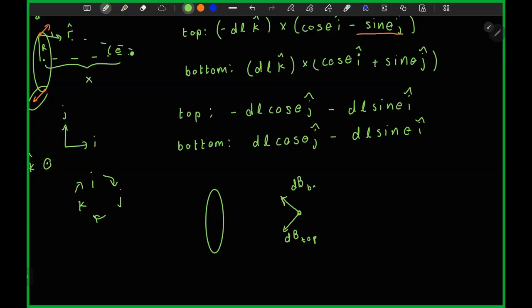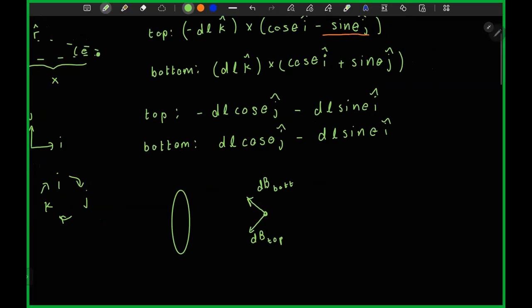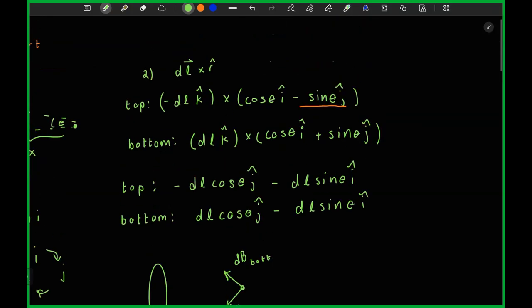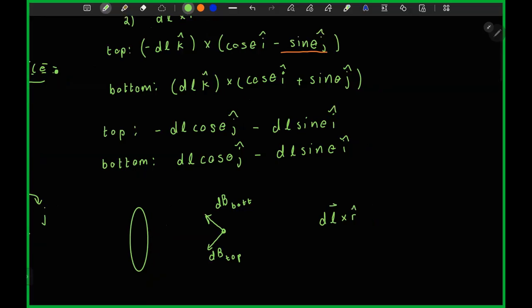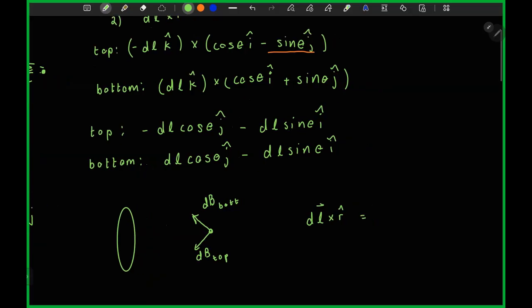And so what that means is that we can now ignore our j component. In other words, with all the work that we've just done, we can see the j components cancel, and we'll simplify dl cross r hat. For the purposes of integration, we are just going to consider dl sine theta, or negative dl sine theta, i hat.